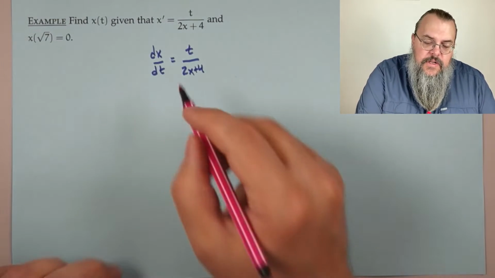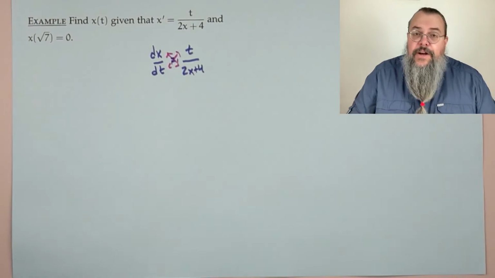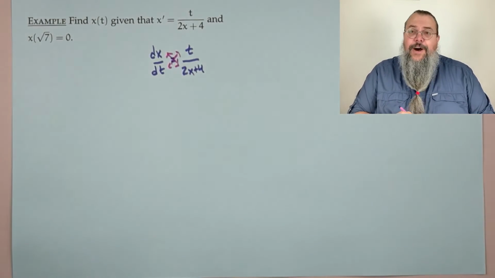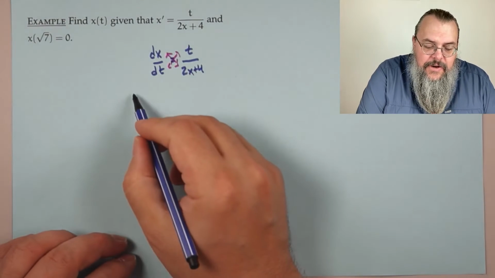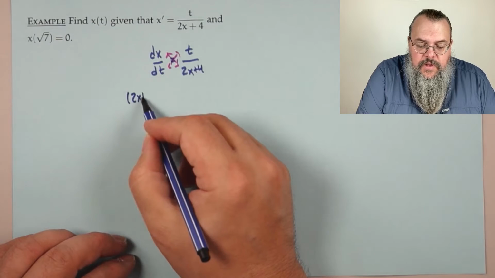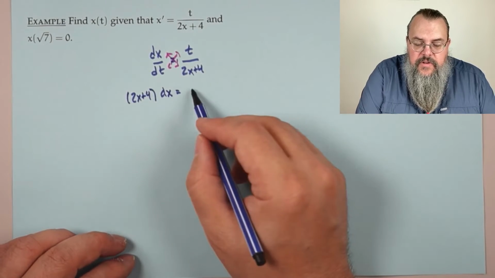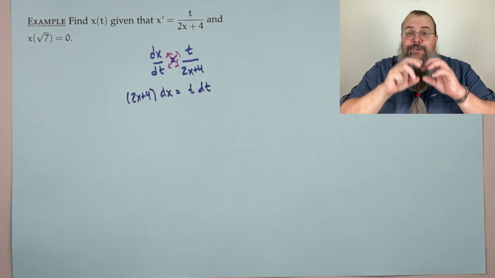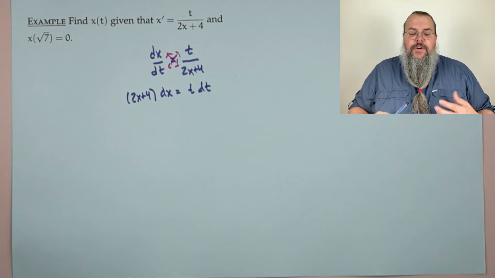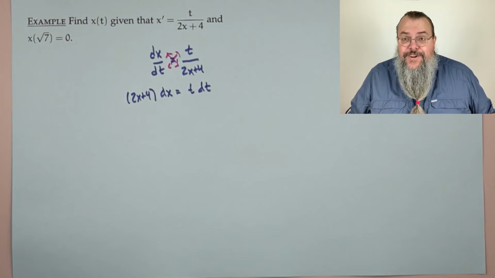If you were doing algebra, we'd call it cross multiplying, clearing out our fractions. I always love a good clearing out of fractions. And so we now have 2x plus 4 dx is equal to t dt. So we've now separated. After we separate, then comes integrate.